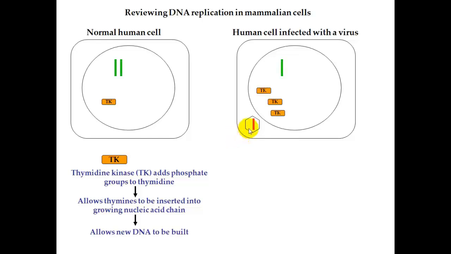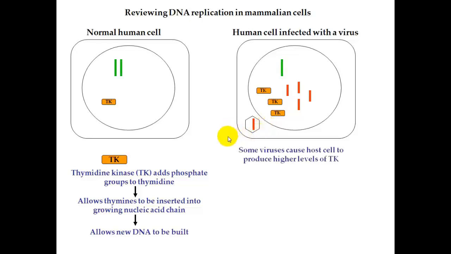The reason why is because there are some viral infections that cause the host cell to make a lot more thymidine kinases. And from the virus's point of view, that would be a good thing, because if there's a lot more thymidine kinases, that would allow it to make a lot more nucleic acid at a faster clip so that it could replicate itself in a relatively short period of time.